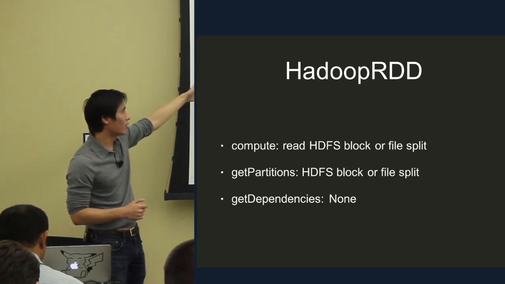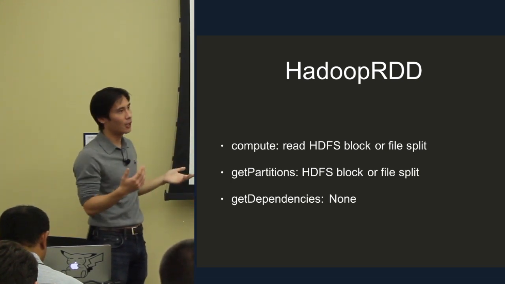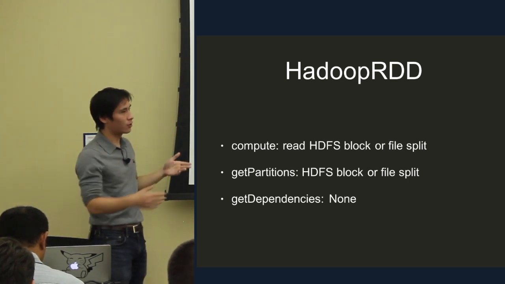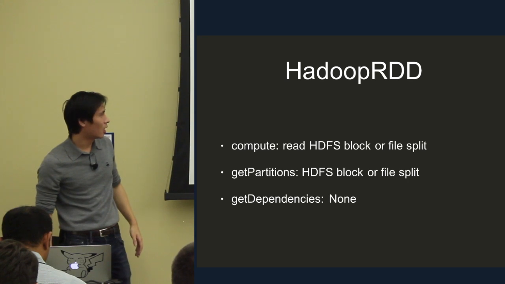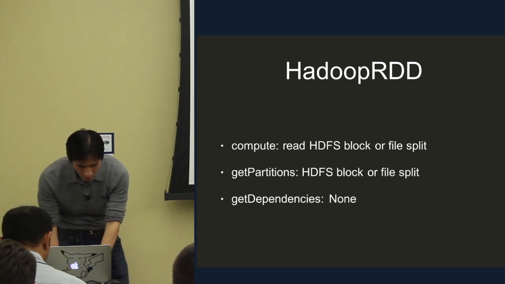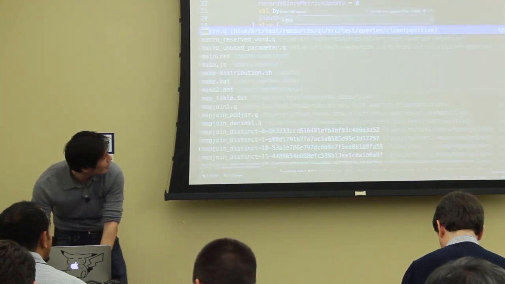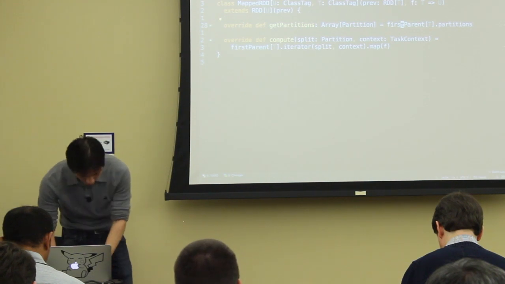For getPartitions, it just partitions according to its parent. For example, if you're calling .map on a Hadoop RDD, it just partitions across the HDFS blocks. And getDependencies is just a single dependency on its parent, so it's a one-to-one relationship. Again, the MappedRDD is surprisingly simple.